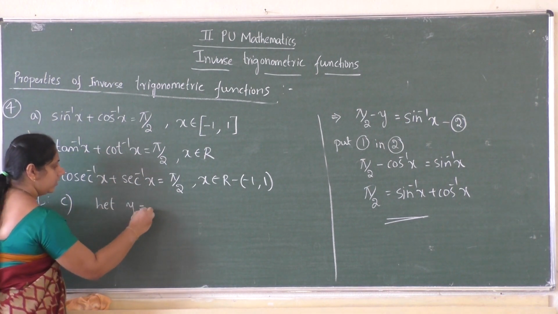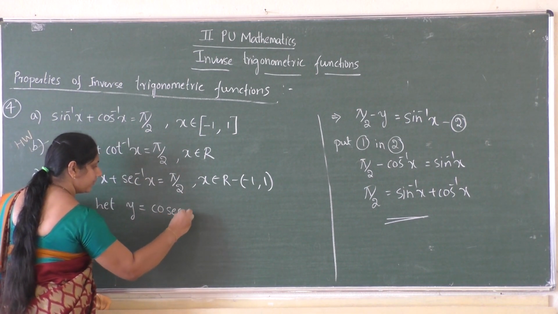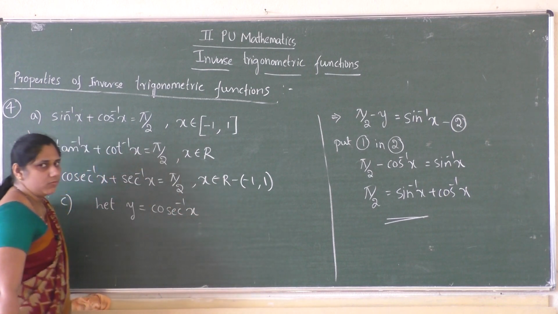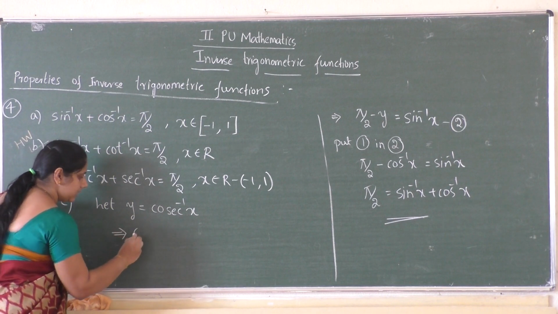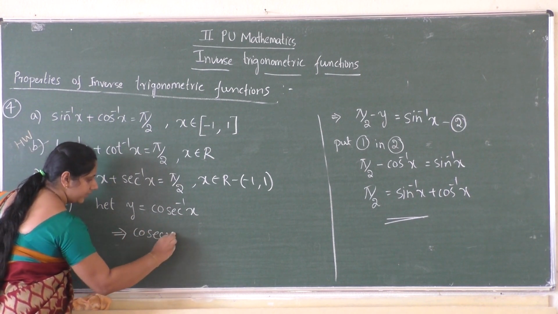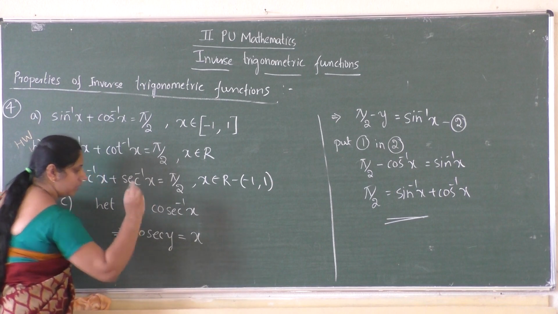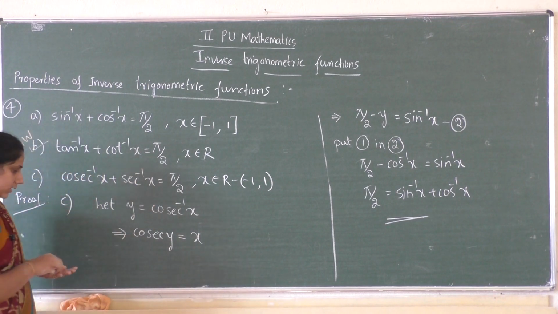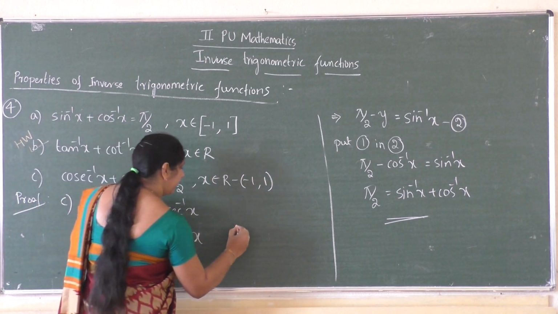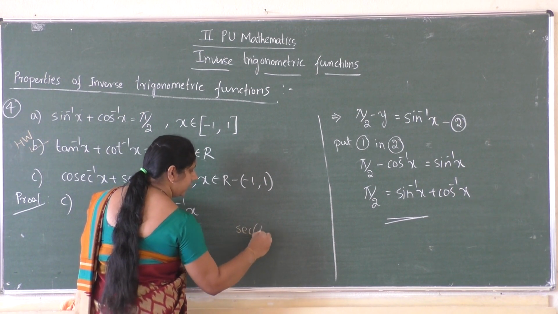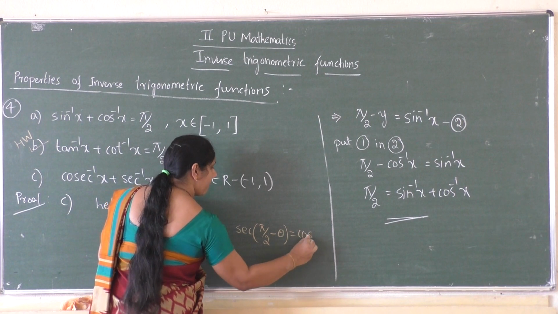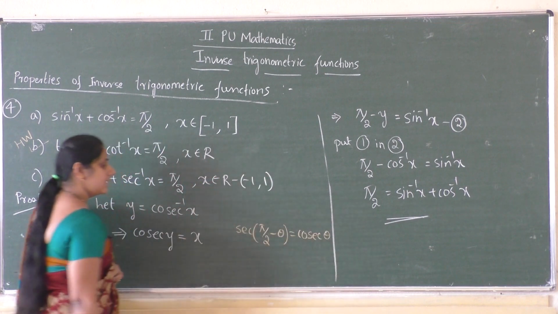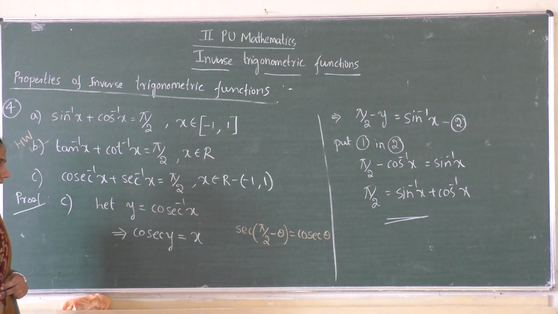So let y equal to cosec inverse x. That implies we can write cosec y equal to x. In first year trigonometry we have one formula, sec of pi by 2 minus theta is cosec theta.